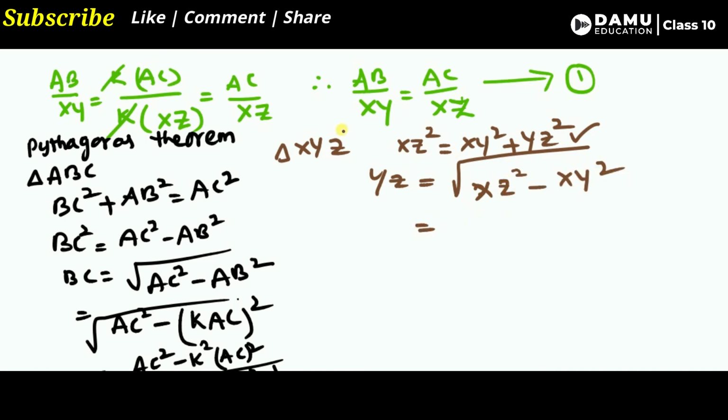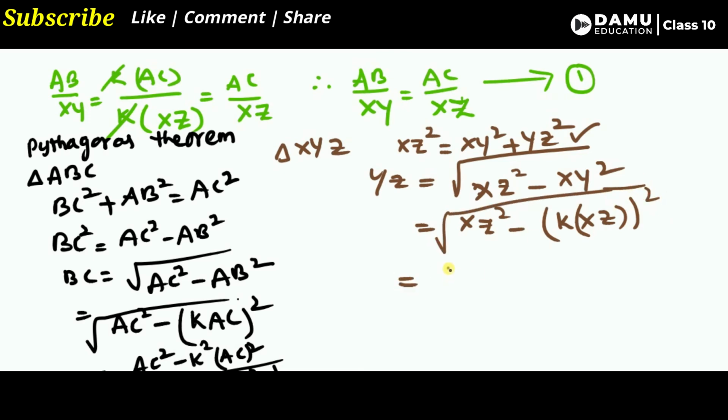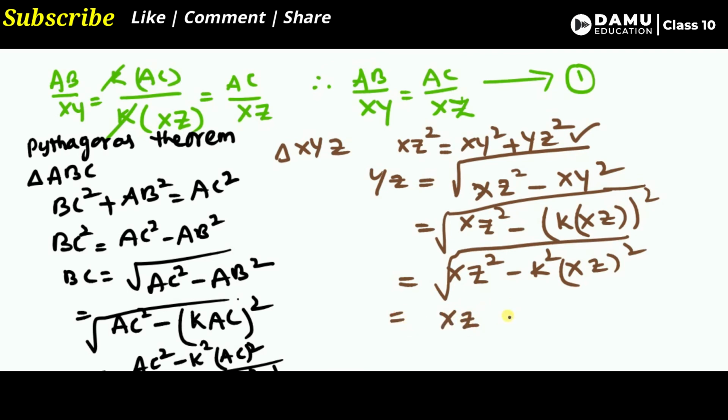We know that XY is k XZ. So XZ square minus k XZ whole square. Let's take XZ square common, so XZ square into 1 minus k square.